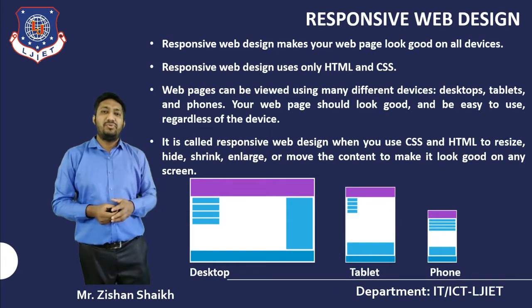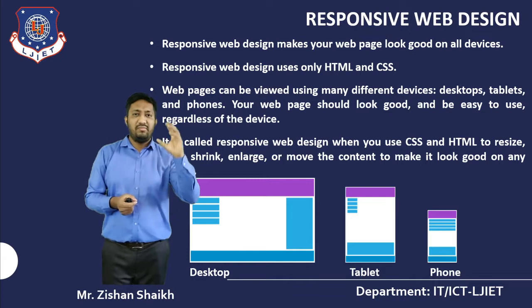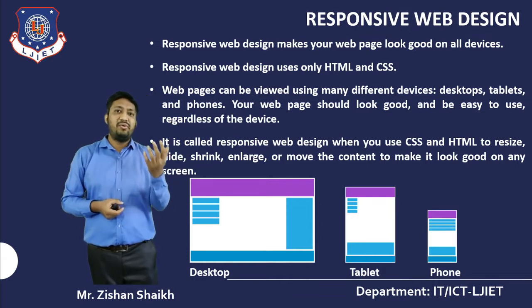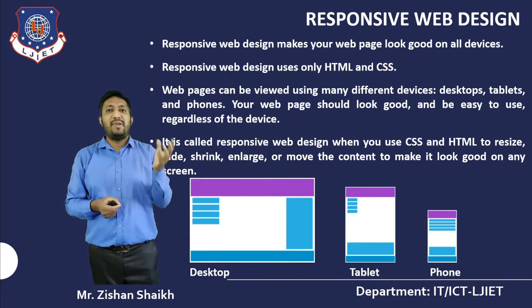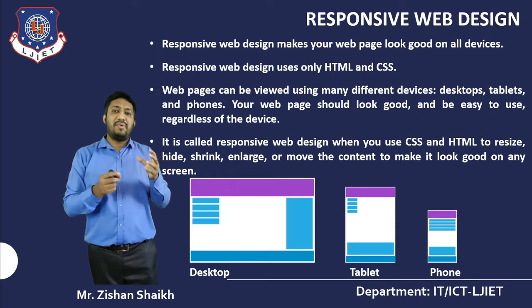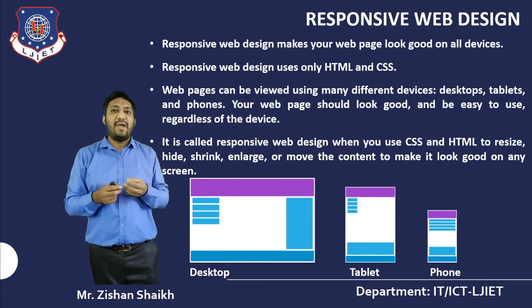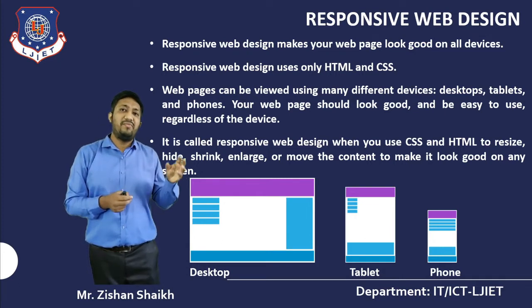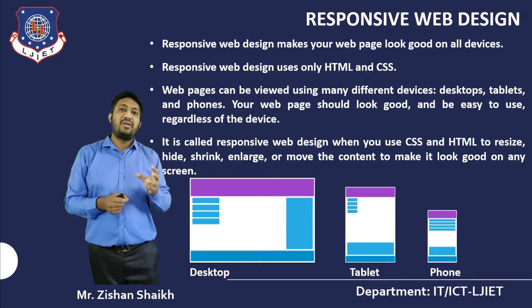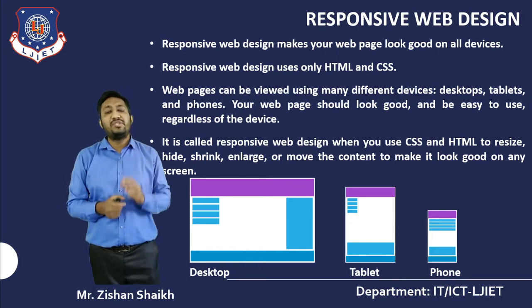Many times you realize that the output you are seeing in one web browser is not displayed the same way on your mobile. The look and feel, the area covered by that particular design, is not maintaining that ratio. So what is the problem and what is the solution? When you see this type of problem, we can say that the web design is not responsive.